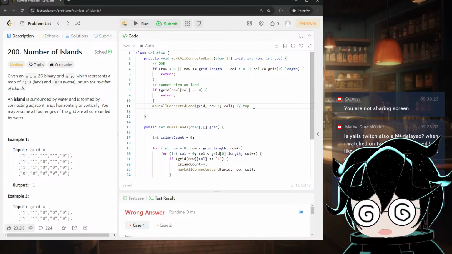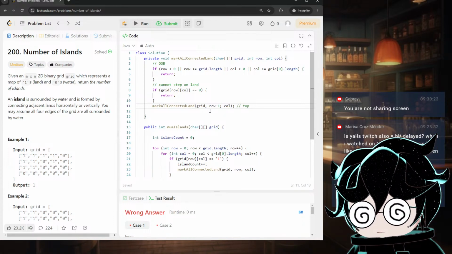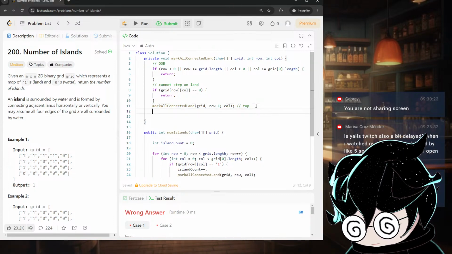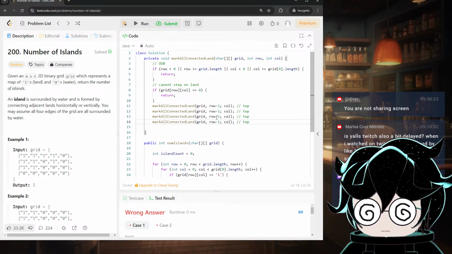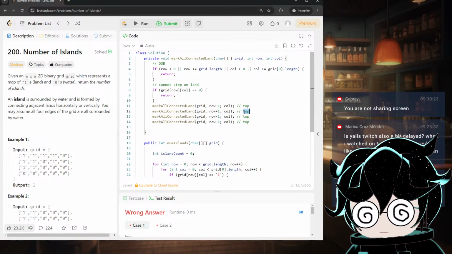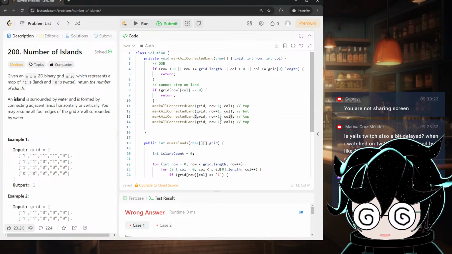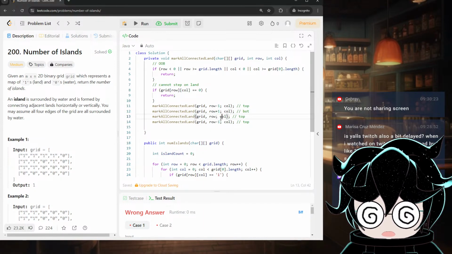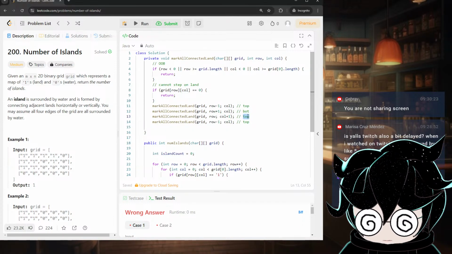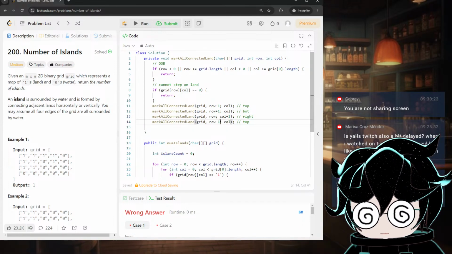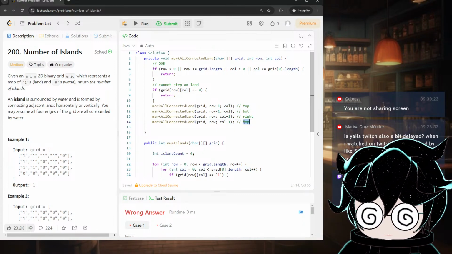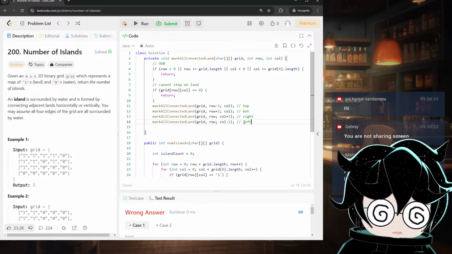Was I just overthinking this? We don't have to handle diagonals too, so it makes our life way easier. So top, bottom is row +1. Column +1 is right. Column -1 is left. I feel like that's it.